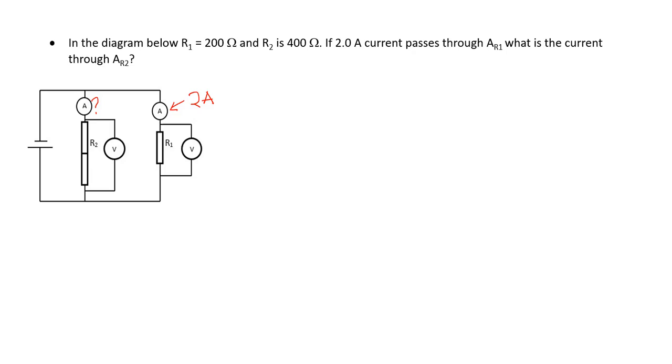So we are saying R2 has 400 ohm of resistance. R1 has 200 ohm of resistors.